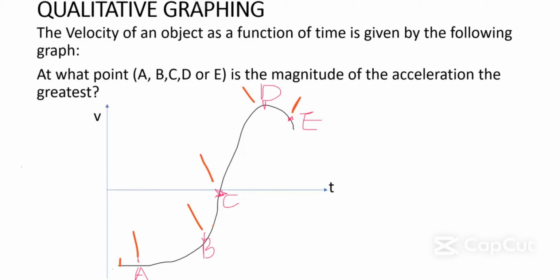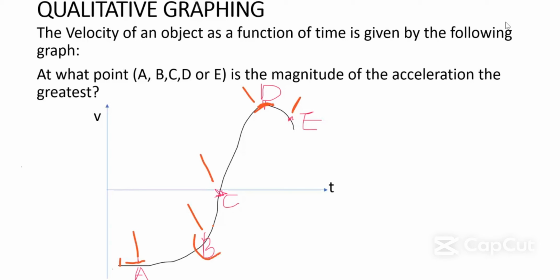Then at D, once we got here, there's reduced acceleration, then it goes down at E. So looking at this full graph, the slope in A and D is 0 because there's no change in slope.